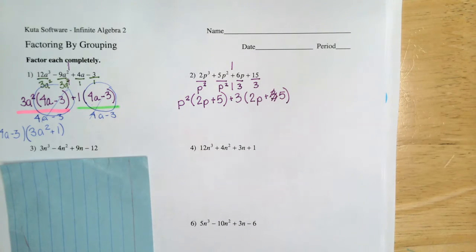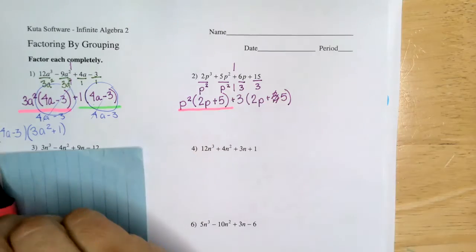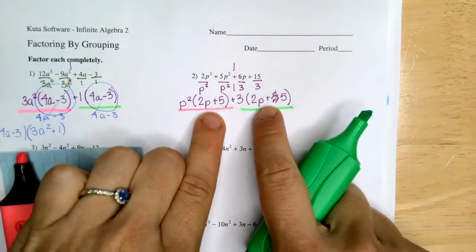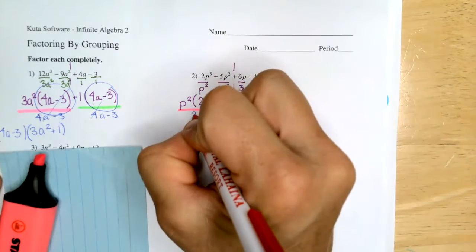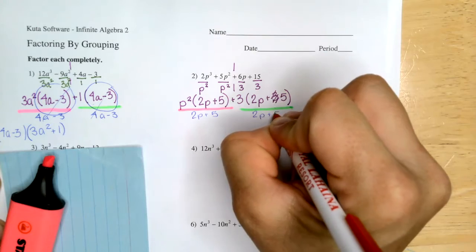Okay, now, again, what I have is this entire term, and then I have this entire term. They both have 2p plus 5 in common, so I'm dividing them both by 2p plus 5.